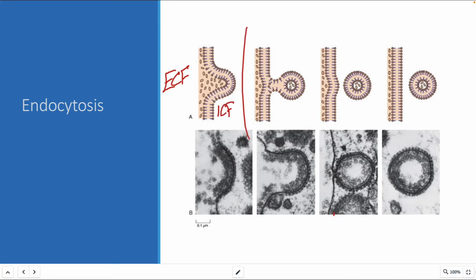And so this extracellular fluid and substances in it want to get into the cell. Your cell can accommodate that through this process of endocytosis, where it just invaginates like this, breaks off that piece, and then that piece goes in here as a vesicle that can be dealt with at another time.